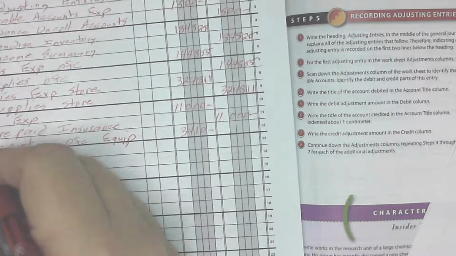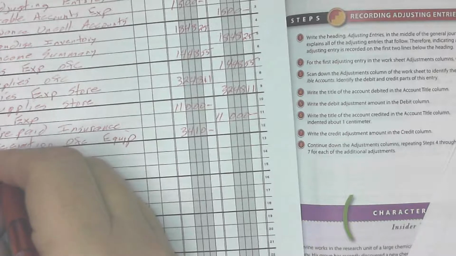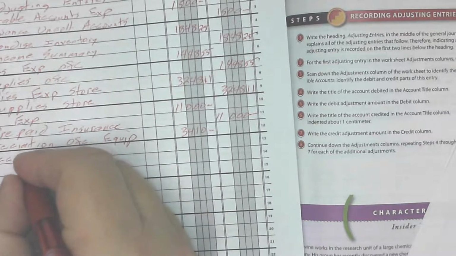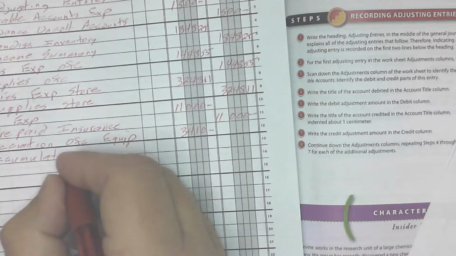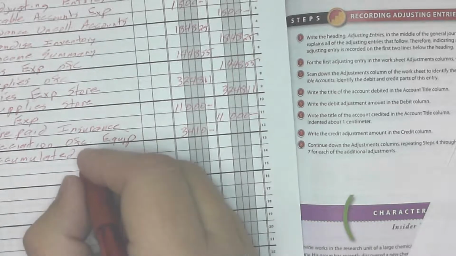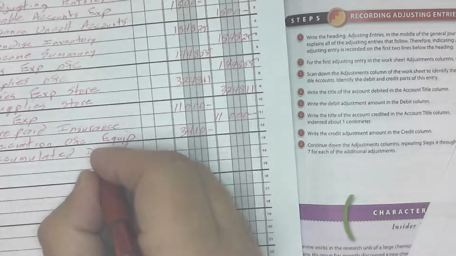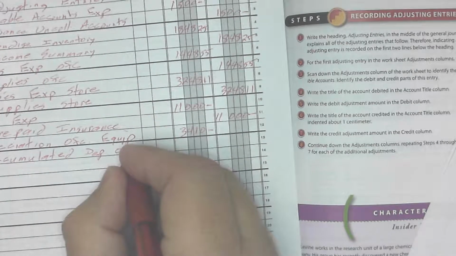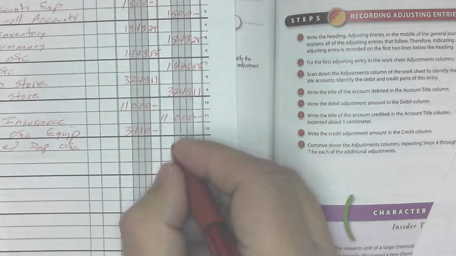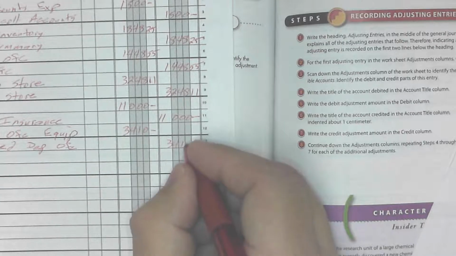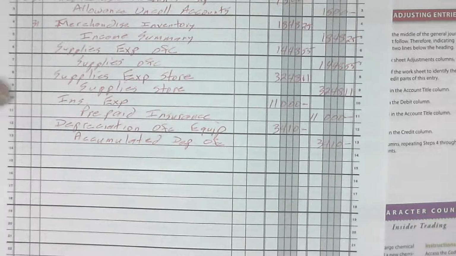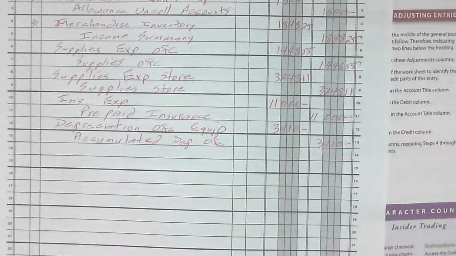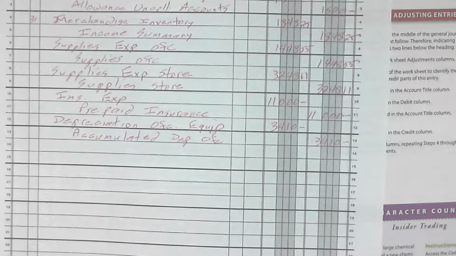So that's going to be labeled accumulated depreciation, office, I get filled in, 3410.